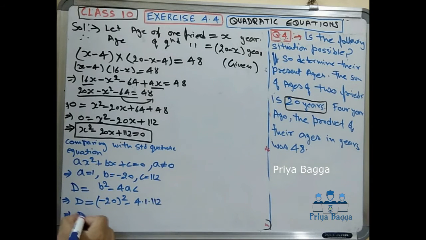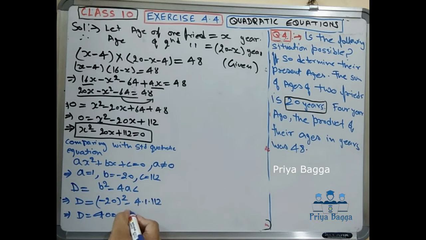So D is equal to minus 20 square, which will be plus 400. Okay, 2 into 2 is 4 and 10 into 10 is 100. So it is 400 minus 4 into 1 is 4, and 4 into 112 is 400 plus 48, so it will be 448.